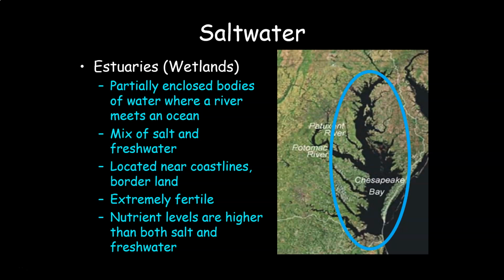That being said, these have a particular vulnerability, if you will, to things like pollution. So not only are these particularly fertile in terms of just the amount of nutrients and oxygen and things that are there compared to a freshwater environment or a saltwater environment, these are often more protected, if you will, by the land itself.